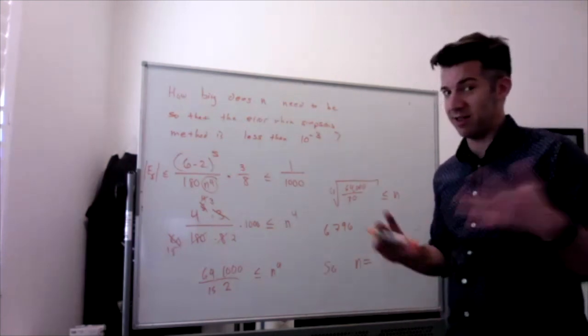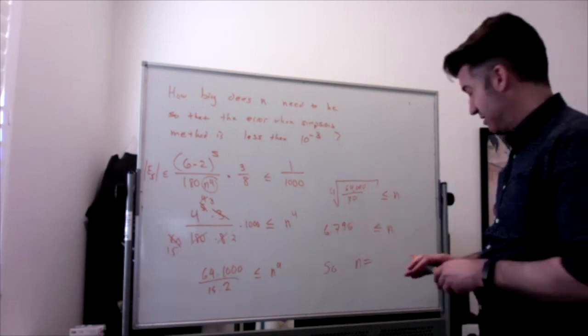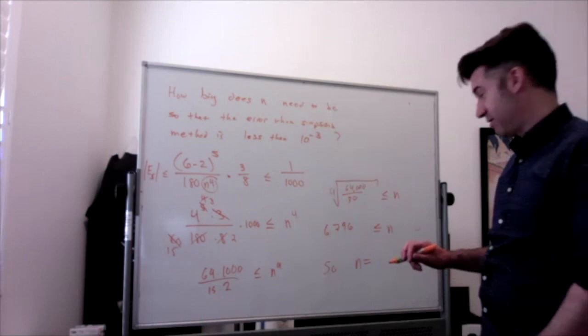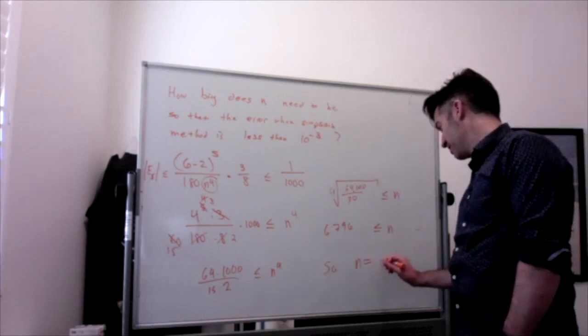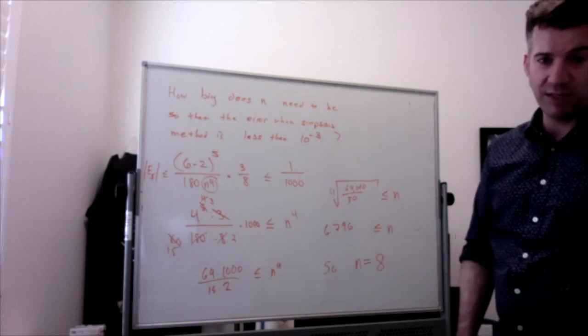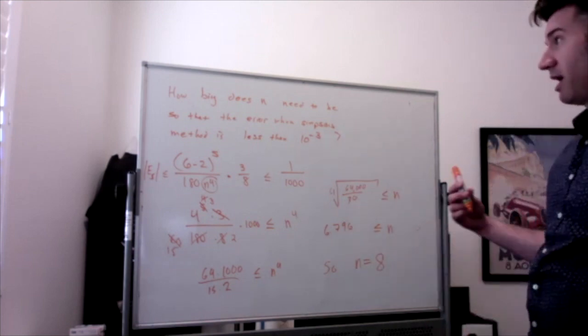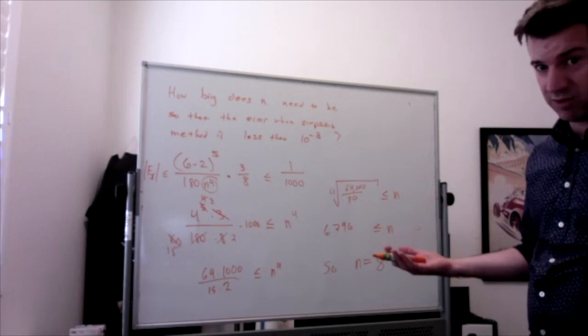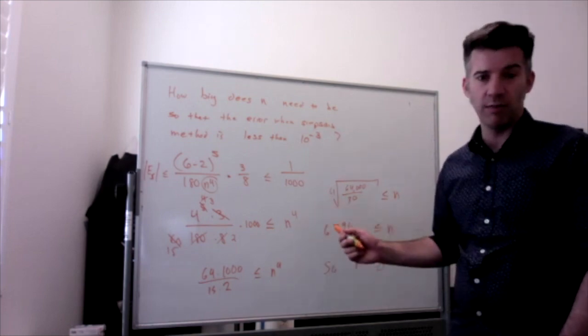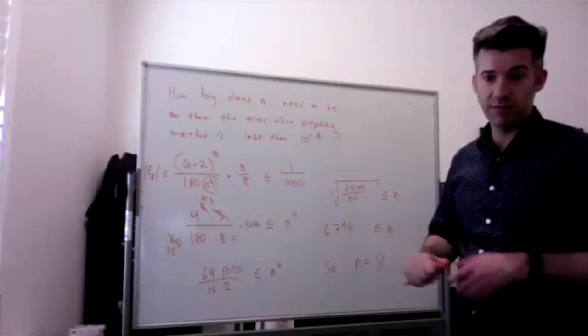You guys know it, I said it like 10 times. N has to be even. So for Simpson's method, if you're finding how big n has to be so that your error is less than the number, you have to round it up to the next biggest even number. So just be aware of that.